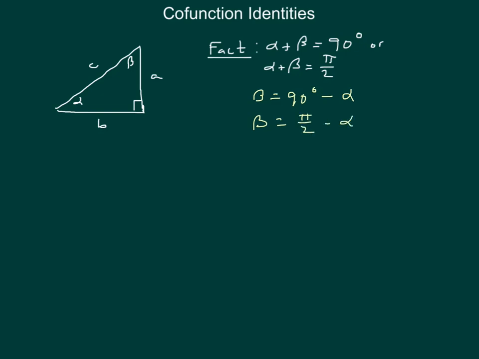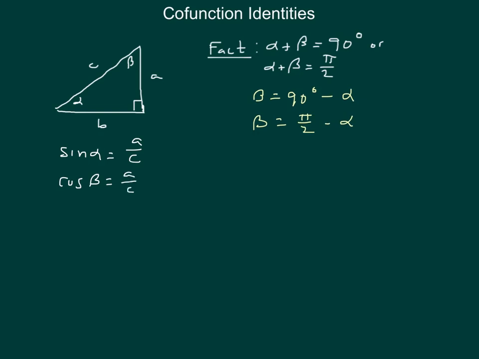To see where these come from, we'll look at the sine and the cosine of two of the angles. The sine of alpha is equal to opposite over hypotenuse, so I get A over C. And the cosine of beta is also A over C, adjacent over hypotenuse.